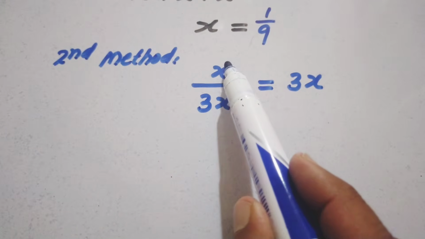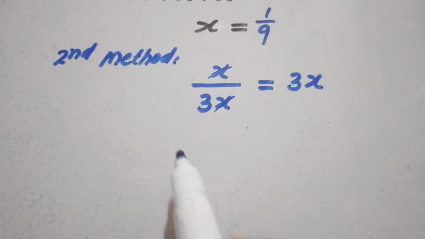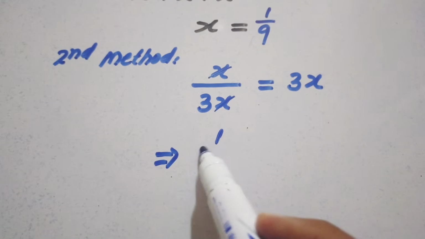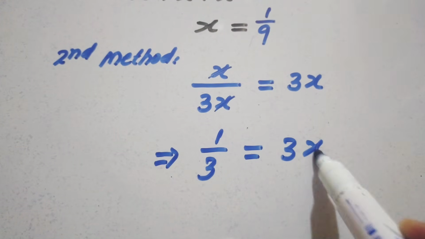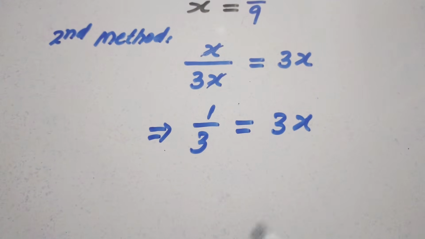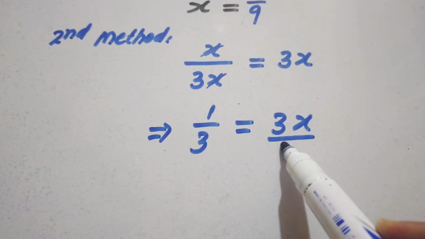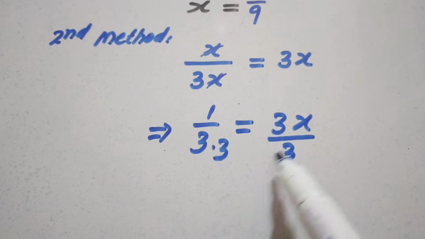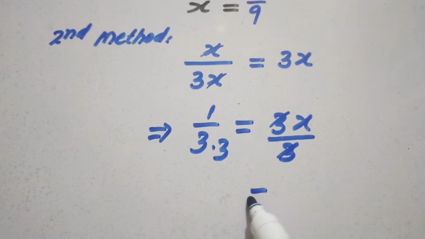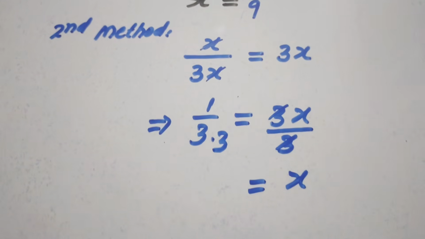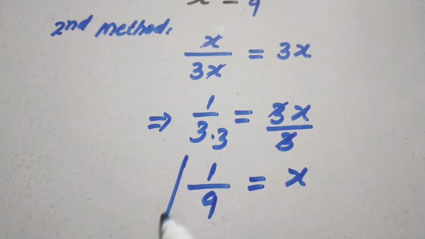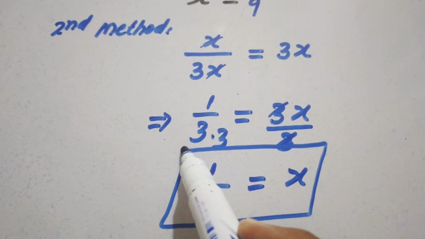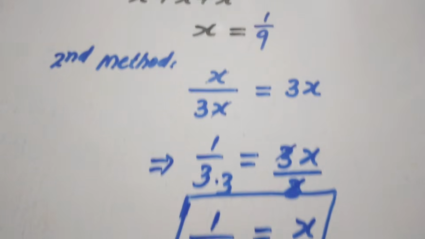We can cancel out this x and x, so we get 1 by 3 at the left hand side is equal to 3x. As we are interested to find the value of x, dividing both sides by 3, this 3 and 3 cancel out each other. Here x will be left, and at the left hand side 1 divided by 3 multiplied by 3, which is 9. So we have found the value of x by the second method, which is 1 by 9.